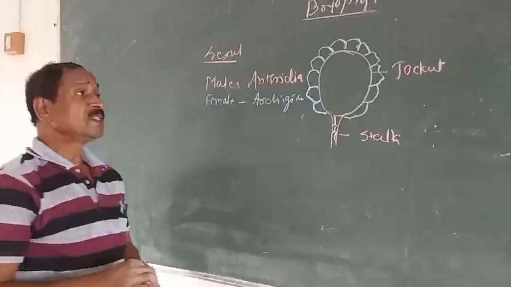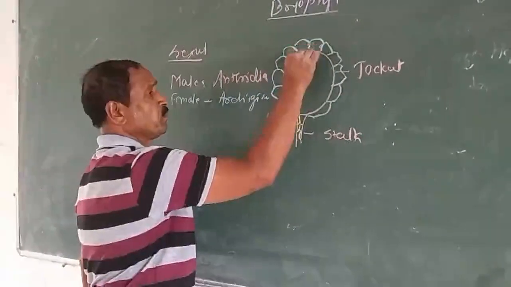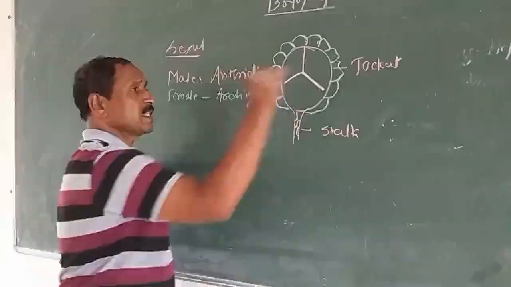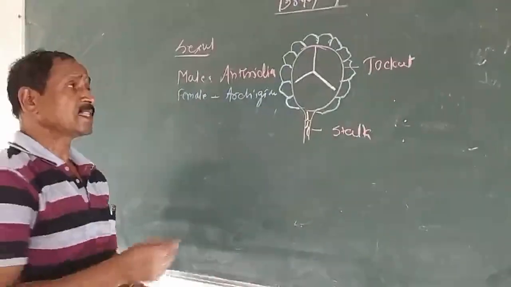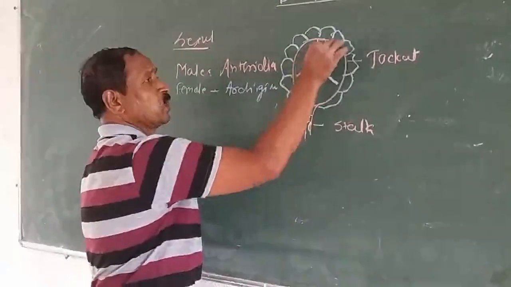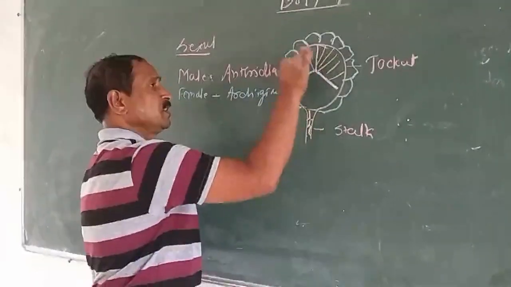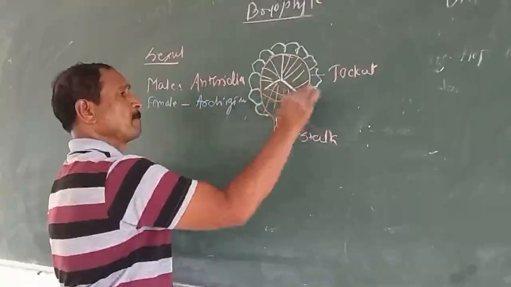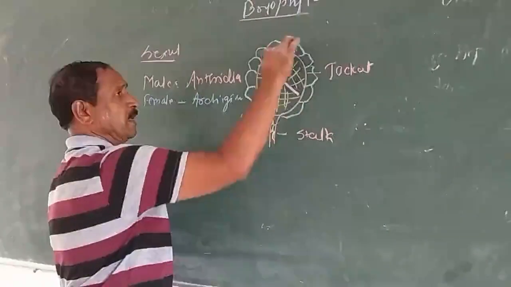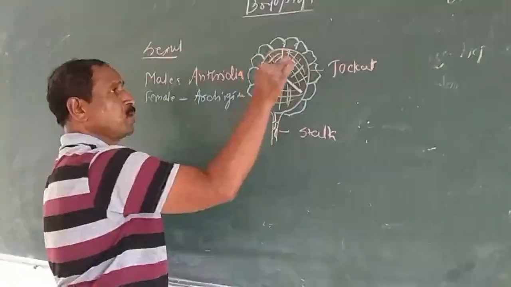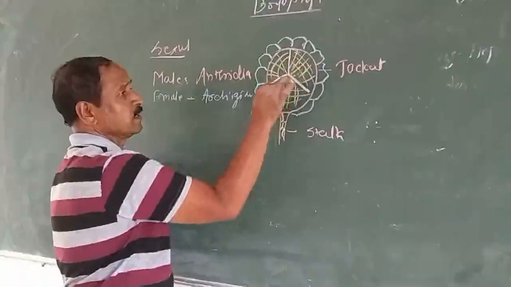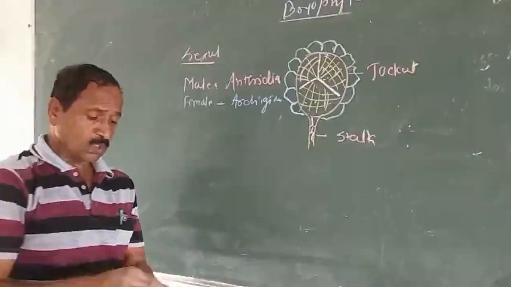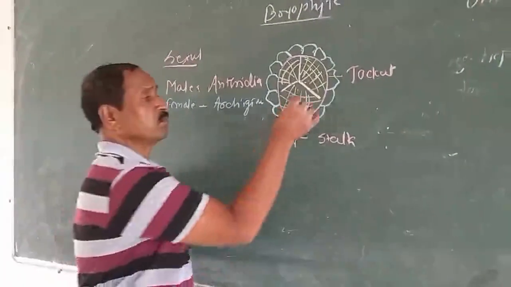Then inside the antheridium the cells are present. These cells are called androcytes, and these androcytes, which are more in number, are arranged one above the other, and each has an androcyte mother cell.